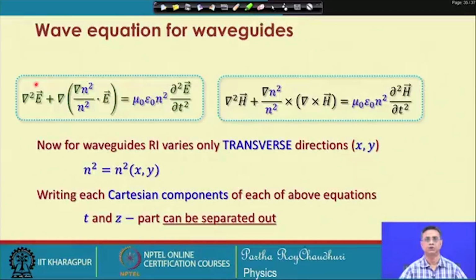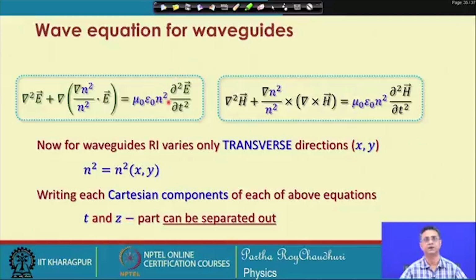Now, for the waveguides where refractive index varies only in the transverse direction, that is along x y, that is n of x y, we can write this n square equal to n square of x y for these equations wherever I have n square. Writing each Cartesian component of each of the above equations, we can see that t and z parts can be separated out.